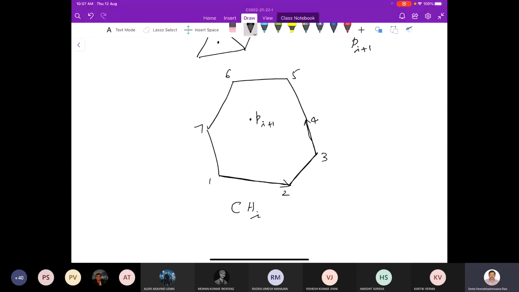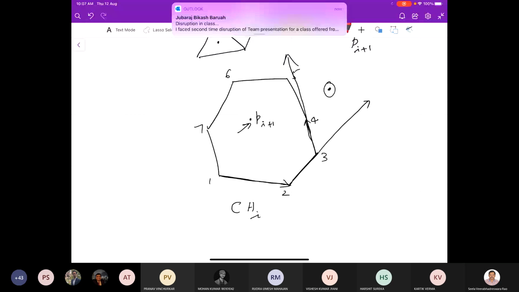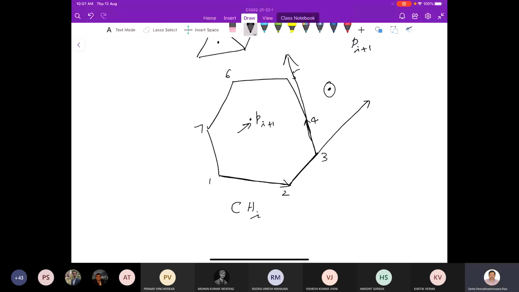Suppose the point is outside: for some edges it is on the left side, and for this one it is on the right side. So if your point is outside, for some edges or some supporting lines it is on the left side, and for some it is on the right side. In that case, we say that this is outside. If with respect to all the edges it is on the left, then this is the inside. Is that clear?